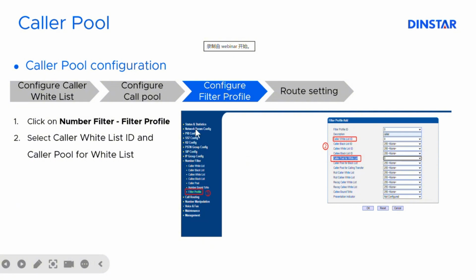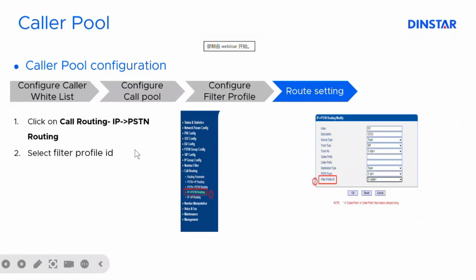And next, we need to bind them together in a filter profile. Yes, we also need to create a filter profile here. We just need to apply these two options: the caller whitelist ID we just created, and also we need to fill in this option, the caller pool for whitelist.